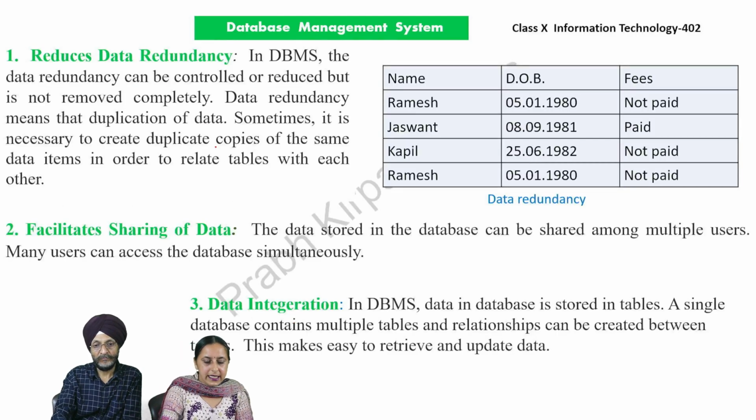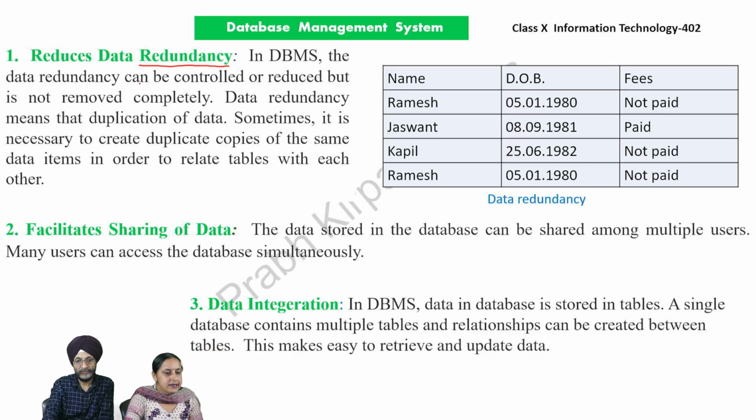Now we discuss each point one by one. Number one, reduces data redundancy. In DBMS, the data redundancy can be controlled or reduced, but it is not removed completely. Data redundancy means the duplication of data.